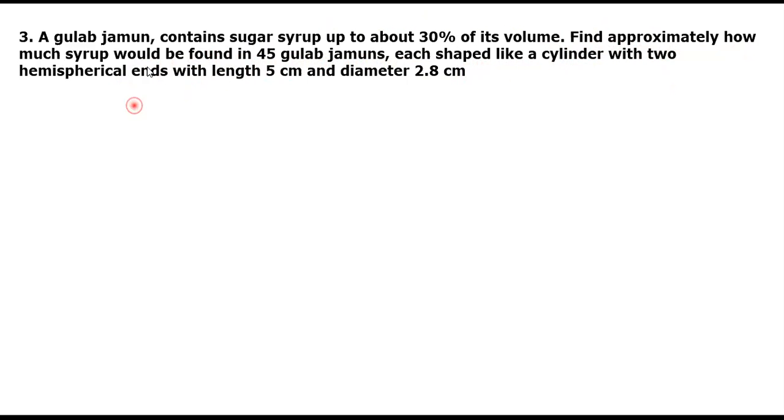Each shaped like a cylinder with two spherical ends, with a length of 5 centimeter and diameter of 2.8 centimeter. That means this shape of gulab jamun is a cylinder with two hemispherical ends. So how will be the shape of the gulab jamun? Cylinder.